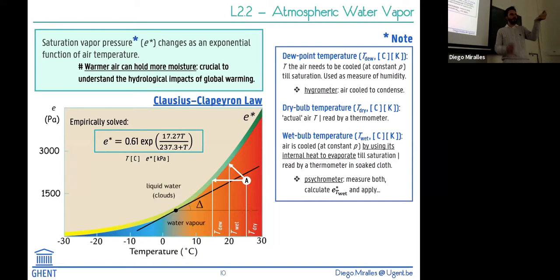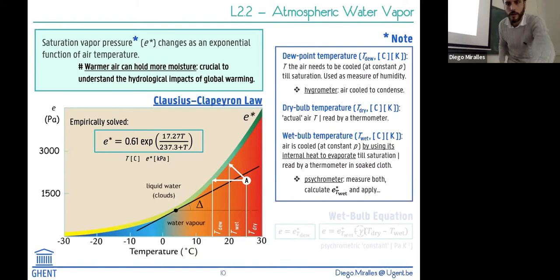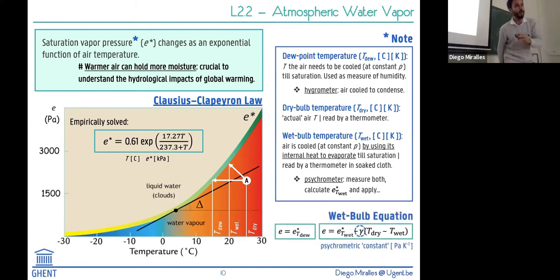And then it has another thermometer that is covered usually in a wet cloth or something that is moistening the thermometer that we call the wet bulb thermometer that measures what we call wet bulb temperature, right? And it compares it with actually this equation that you don't need to know, all right? But there is a reason it's here, and I'll show you now why.